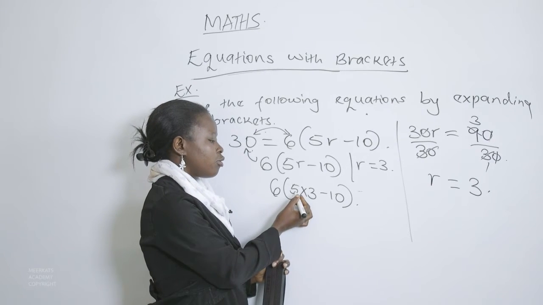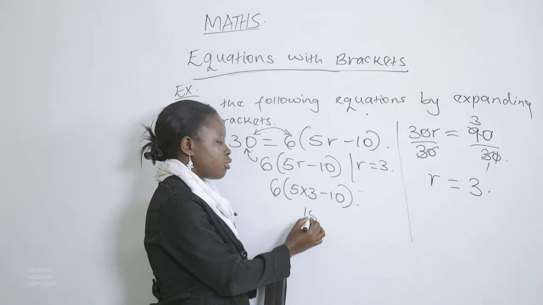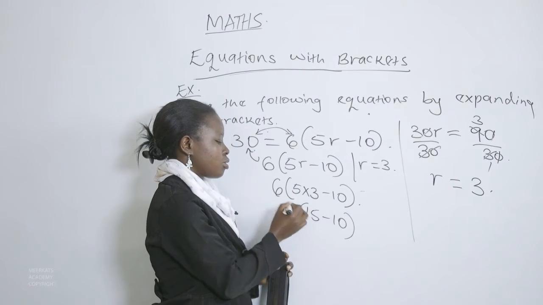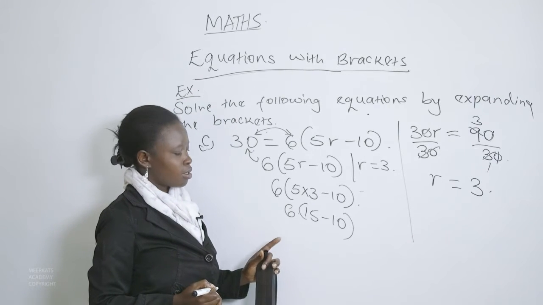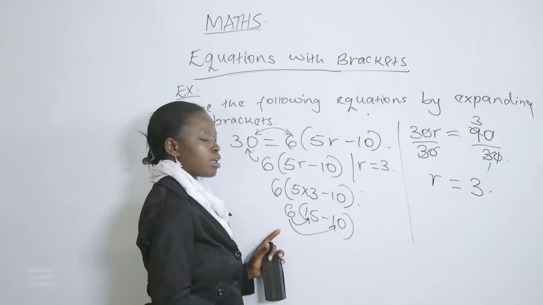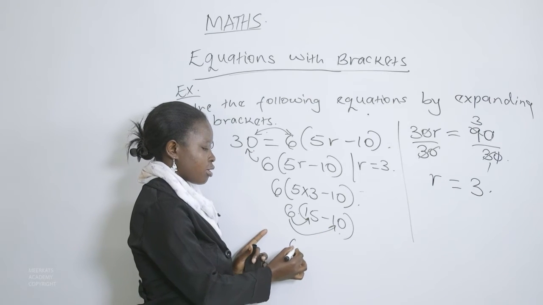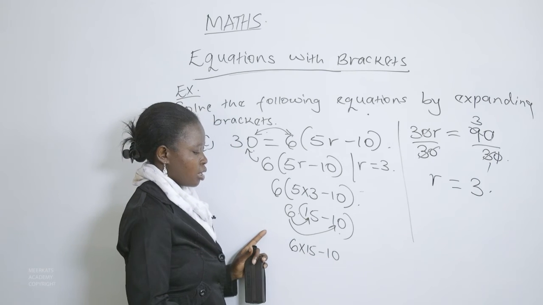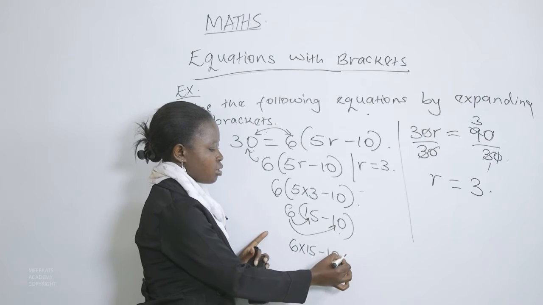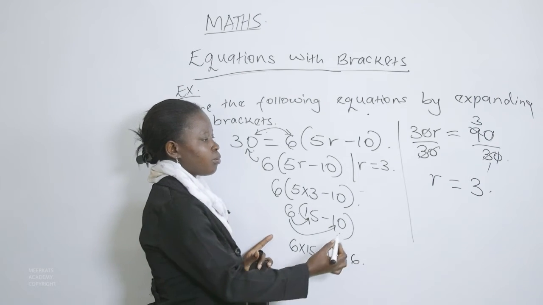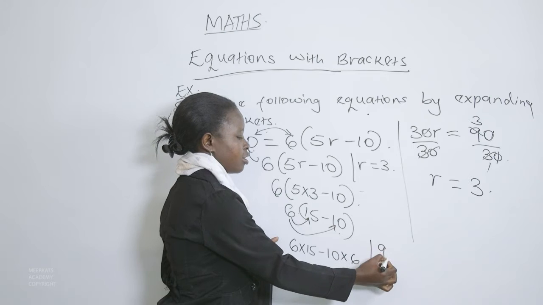So 5 times 3 is 15 minus 10, then multiplied by 6. This means that I multiply 6 by whatever is inside the bracket, so that we have 6 multiplied by 15, minus 6 multiplied by 10. 6 multiplied by 15 gives us 90.